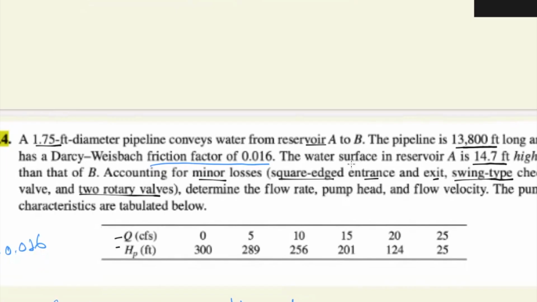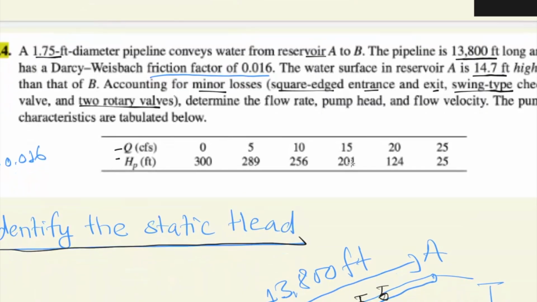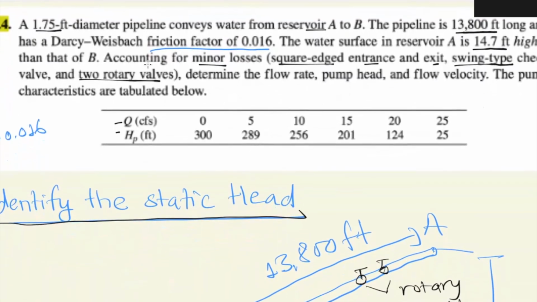The water surface in reservoir A is 14.7 feet higher than that of B, and we need to consider minor losses. So there are square edge entrance and exit, and there is also a swing type check valve and two rotary valves. Our task is to find the flow rate, pump head, and flow velocity.